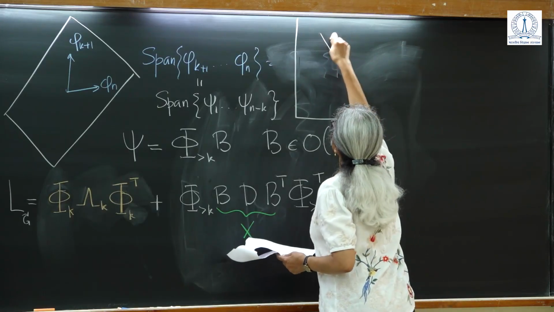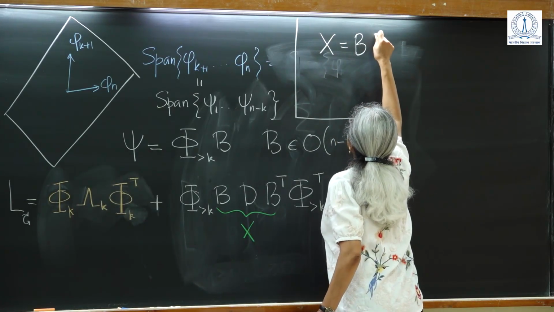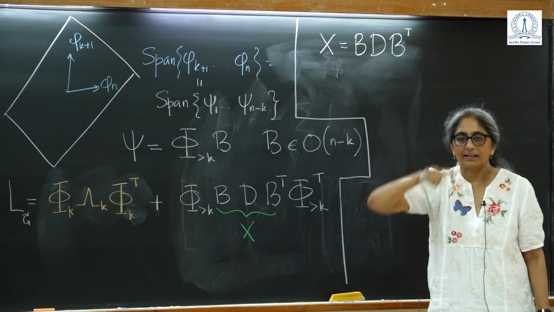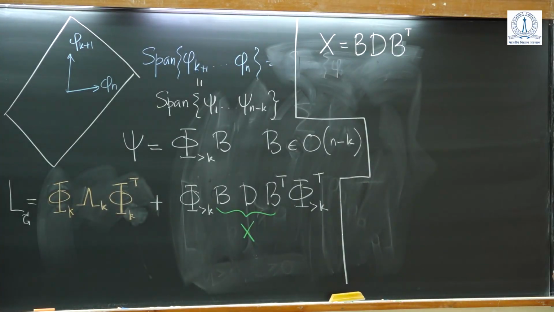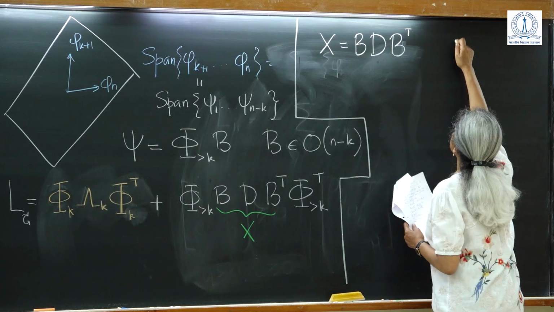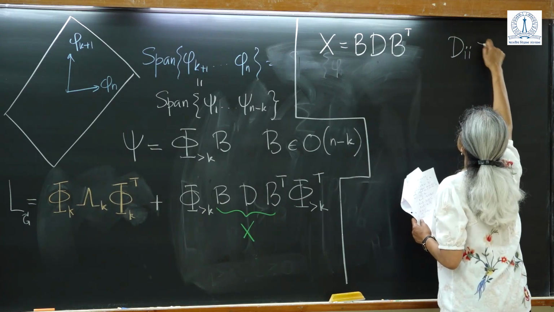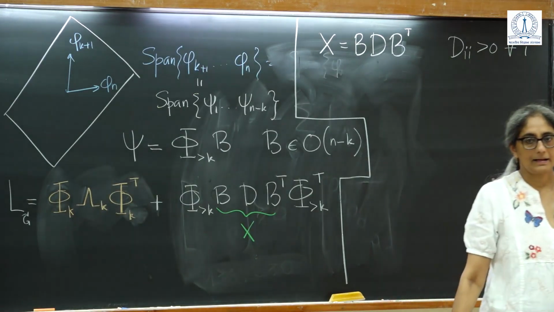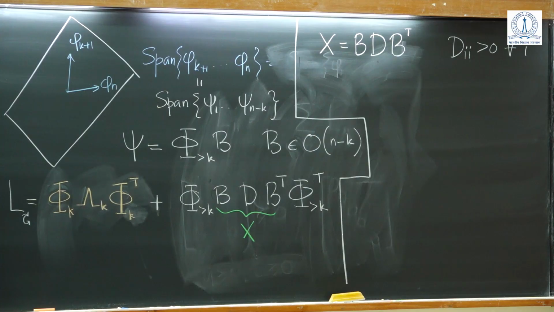X looks like B D B transpose, where D is a diagonal matrix, and every diagonal entry is at least lambda k, so every entry is positive. So D_ii is strictly positive for all i. B is orthogonal, D is a strictly positive diagonal matrix, B transpose.